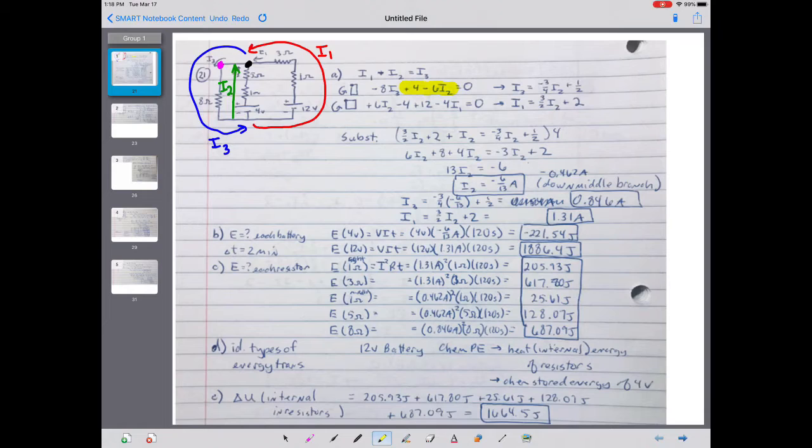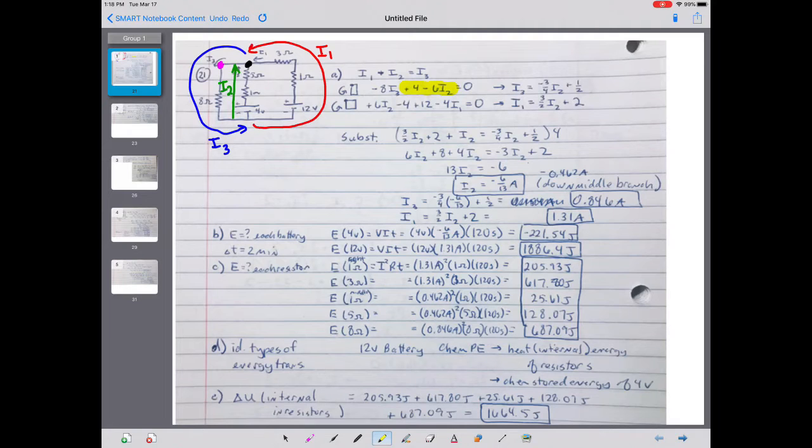On your right-hand loop, again, starting at the upper left-hand corner where I have the black dot, going down the center branch, I would go through the 5 and the 1, moving downward, so I'm opposite the direction of I2, so that would be an increase of IR, a positive 6I2.